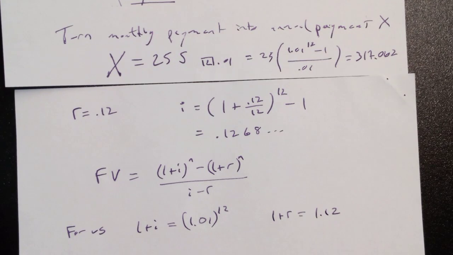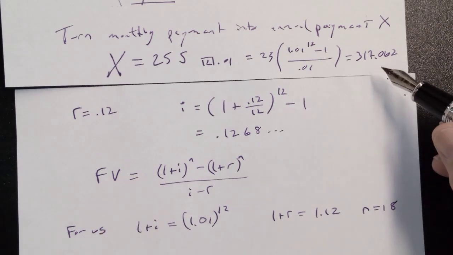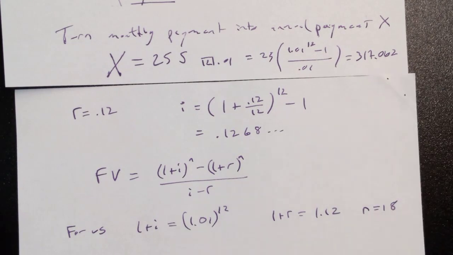How many years did we do this for? 18. So if I'm doing this for 18 years, oh, and this formula assumes that my payment is 1, but we just worked out the payment per year is up here in the first year. So I'm actually going to multiply by this number.